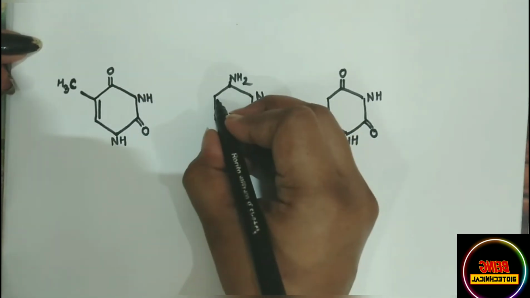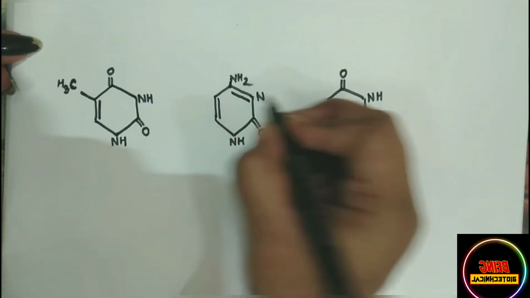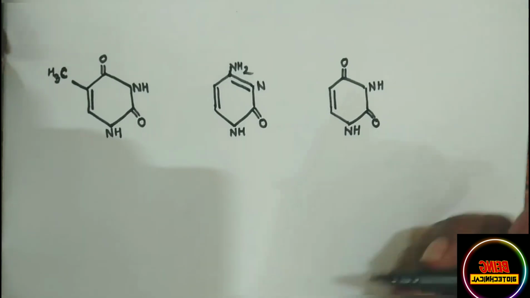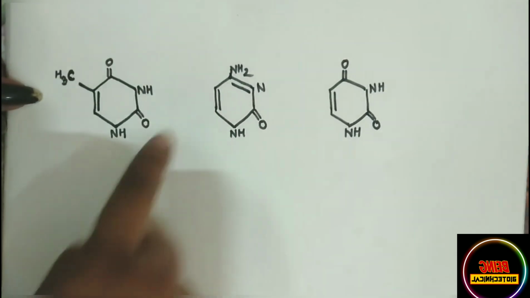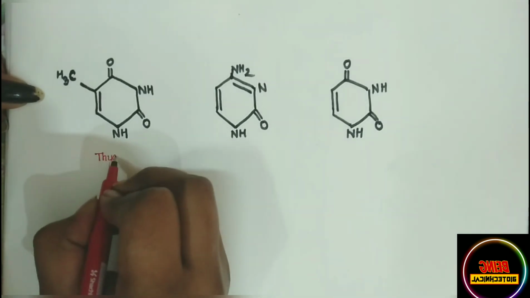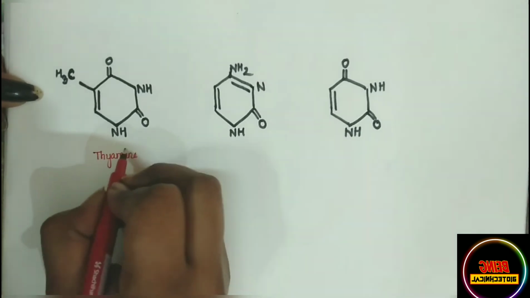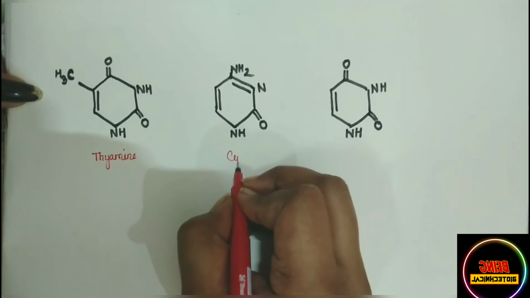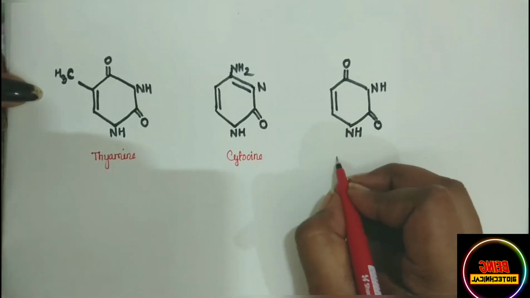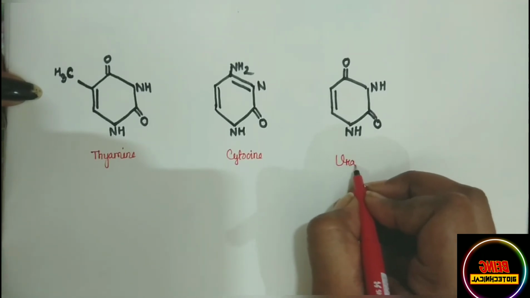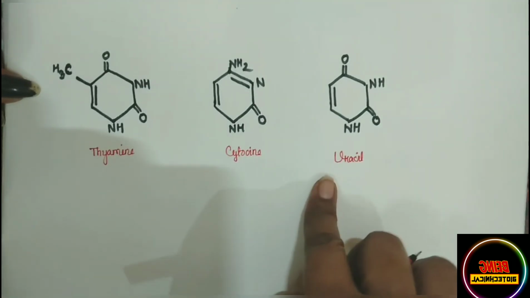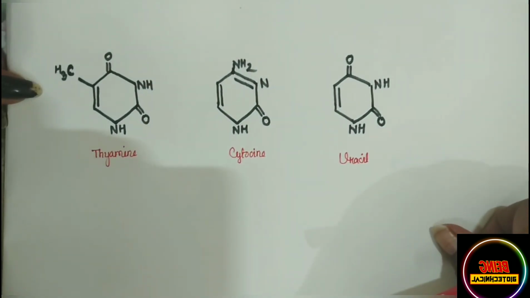Here, here, here and here. Done? So, the first structure is thymine. The second one is cytosine. And the third one is uracil. I hope you all got the structure of pyrimidines as well.